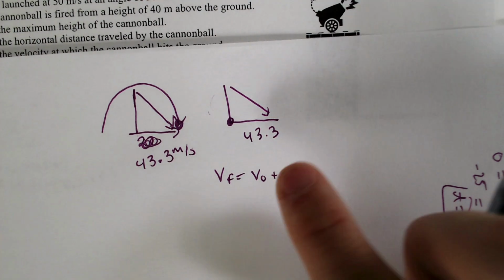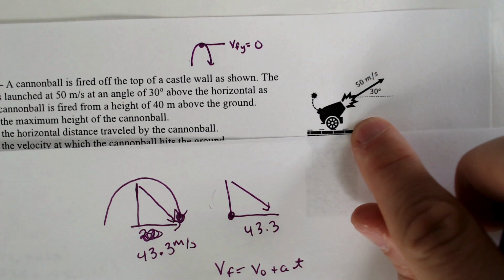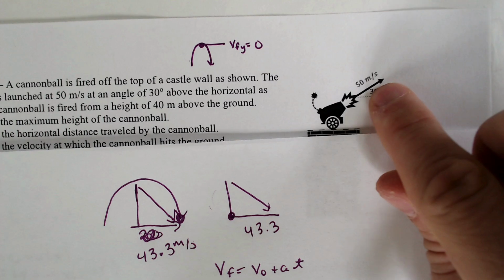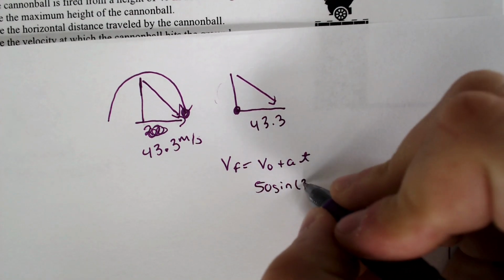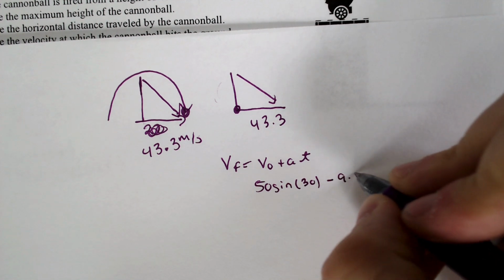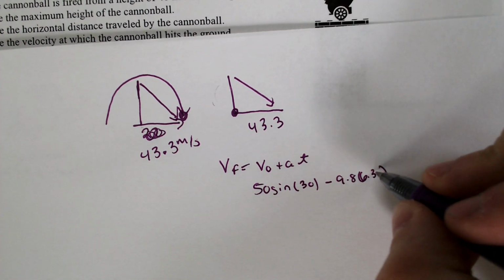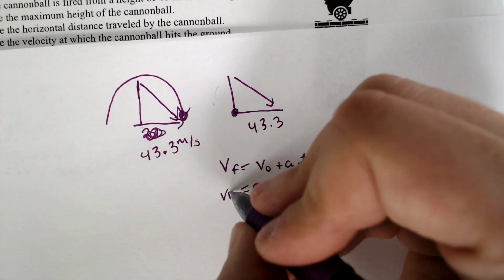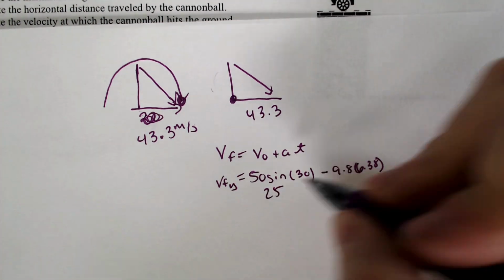The initial is, again, the same initial that it got launched with, v times sine of 30 degrees, where v is 50. So we got 50 sine of 30 minus 9.8 times time, which is 6.38, would equal our v final for y. So this is 25 minus 9.8 times 6.38.